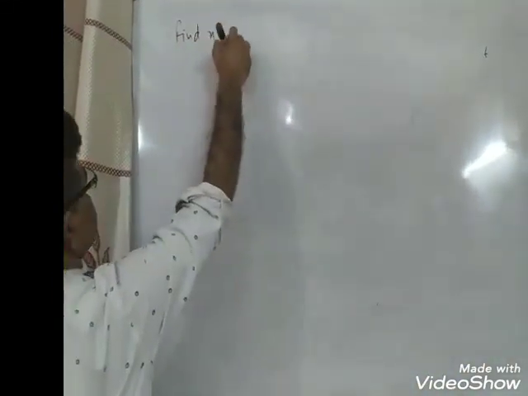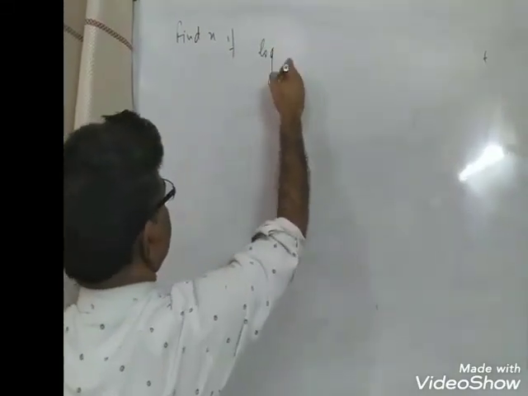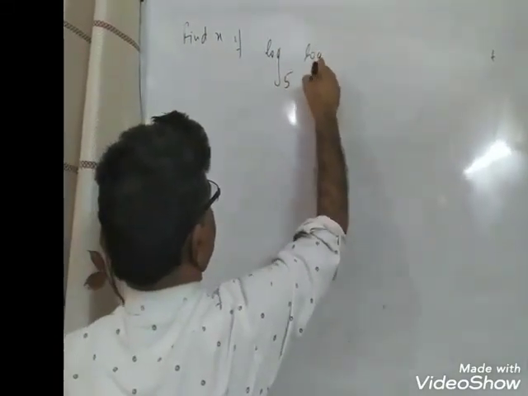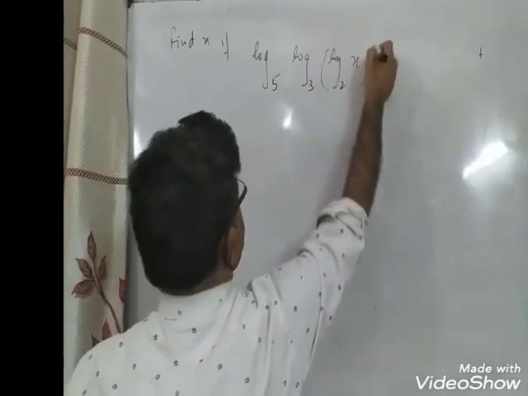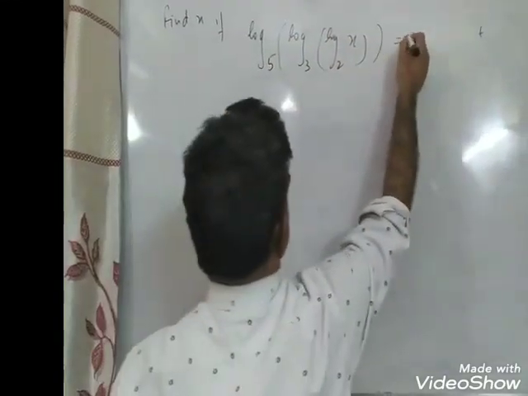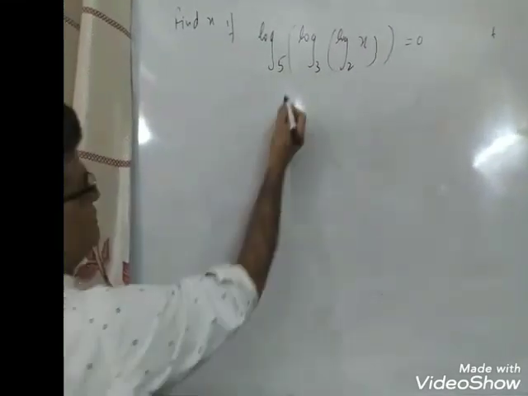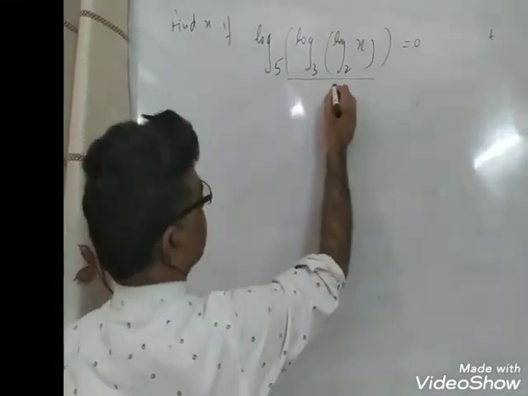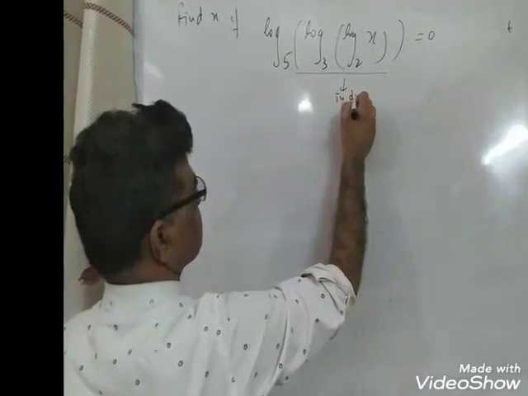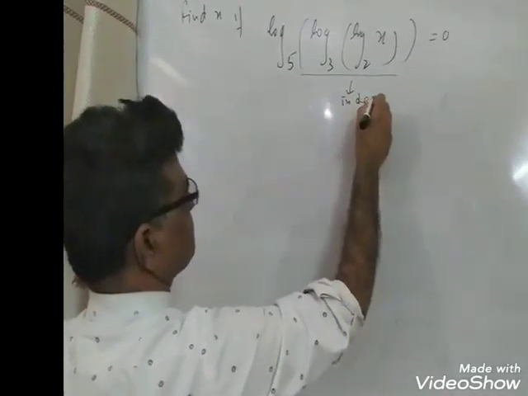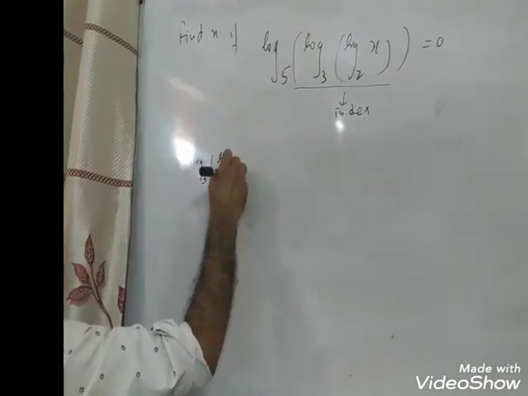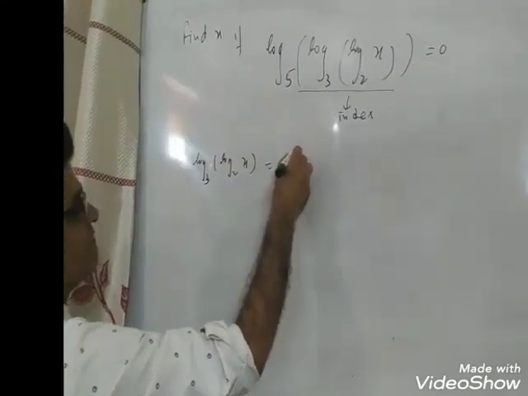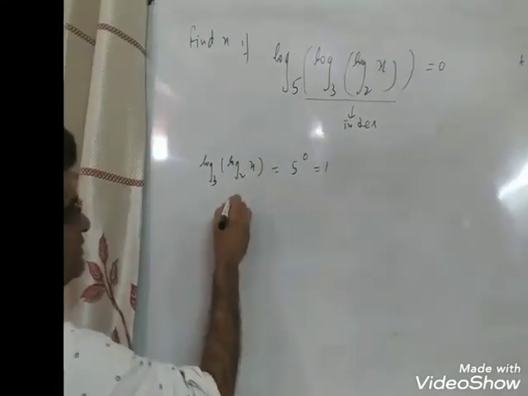Find x if log base 5 of log base 3 of log base 2 of x equals 0. So same thing, you can see that this is going to be the index. So log base 3 of log base 2 of x equals 5 to the power 0, which is equal to 1.